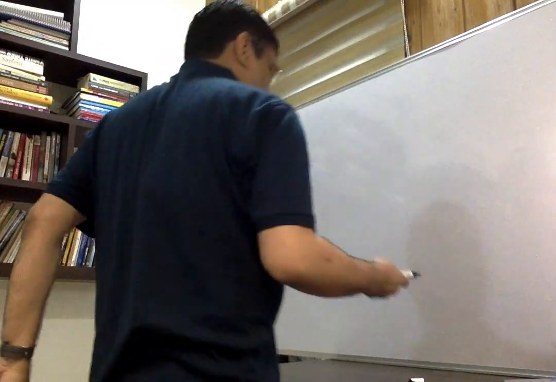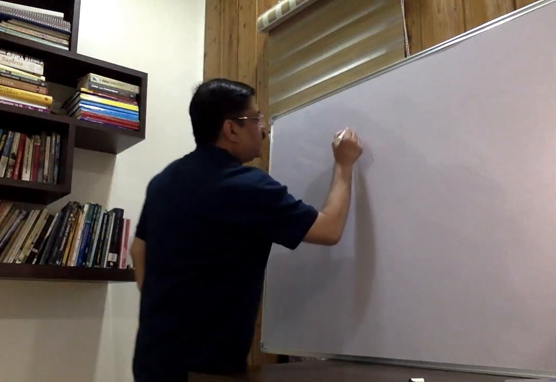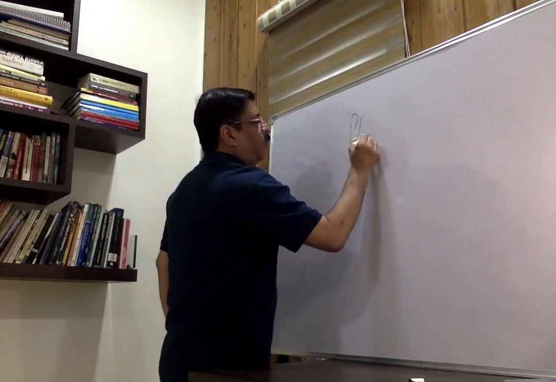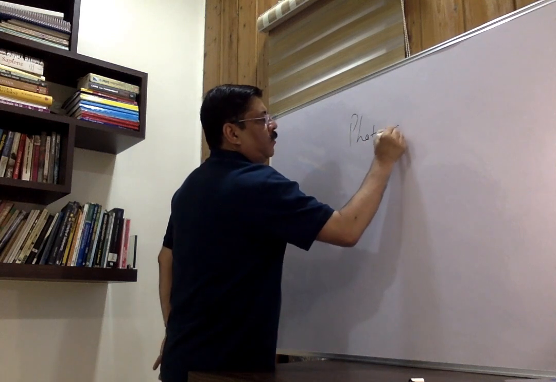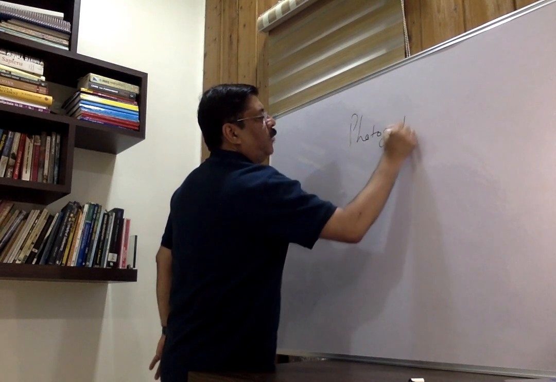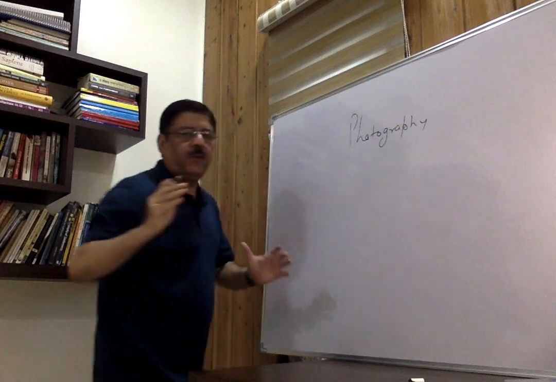Picturization, representation of any object. What happens? What is the methodology? What happens in photography? We will be talking about photography, aerial photography. So before that, we should know what is aerial, and what is photography itself.